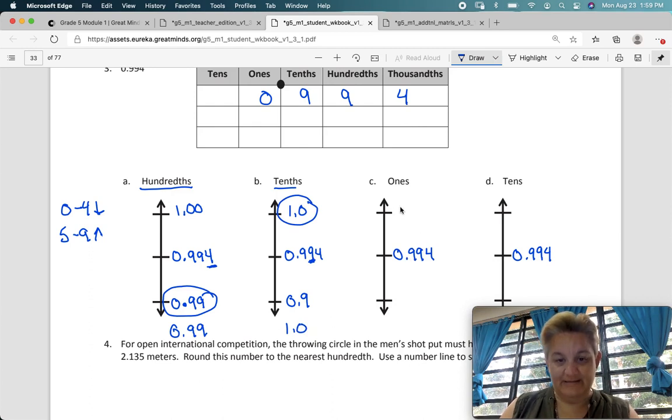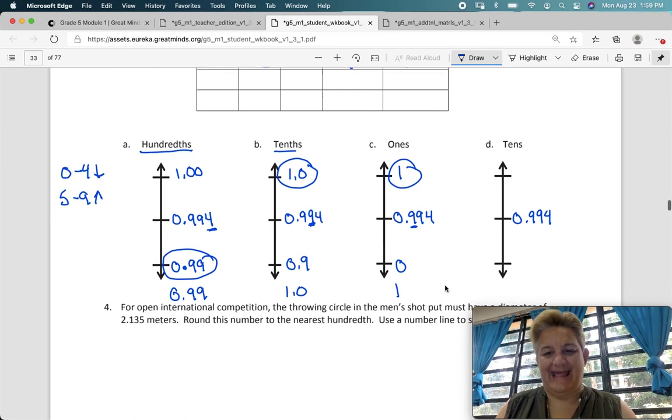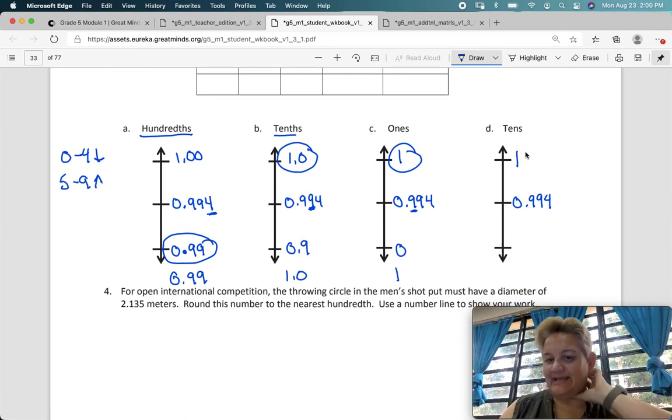Now 1 or 0. And we're going to look at the tenths spot. That's a 9, so we're going to go up, and our answer is 1. And tens would be 10 or 0. And honestly, our 1 spot is already a 0, so we're just going to stay at 0. Okay, just like that.